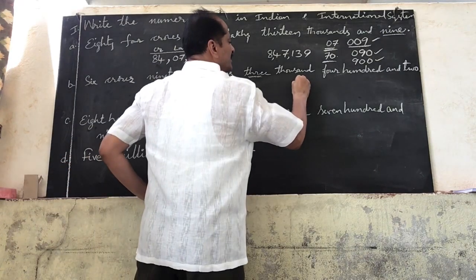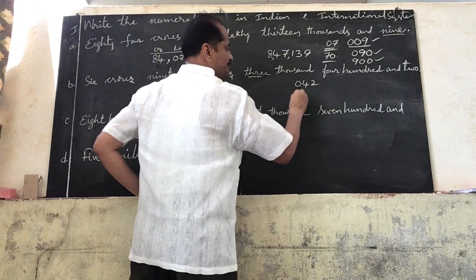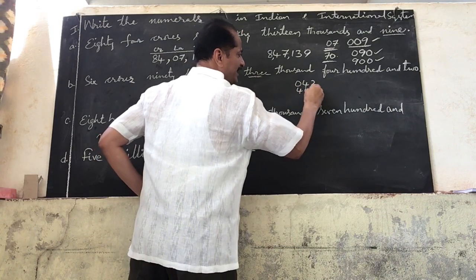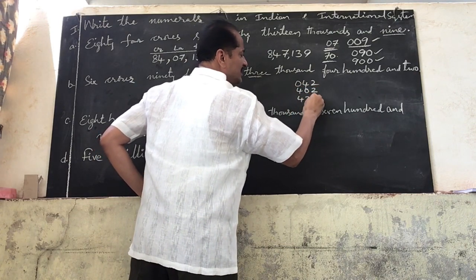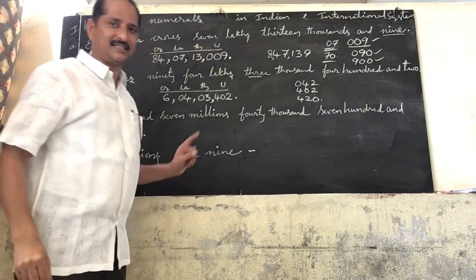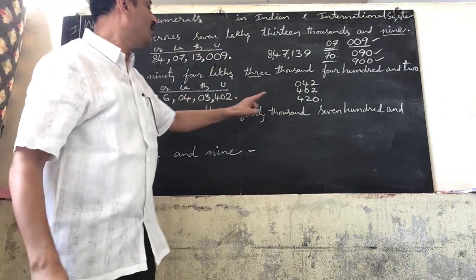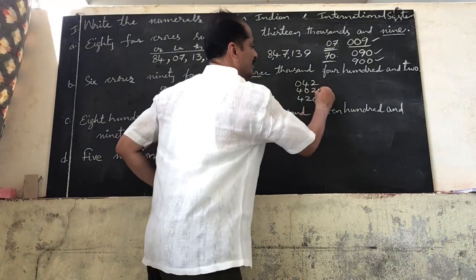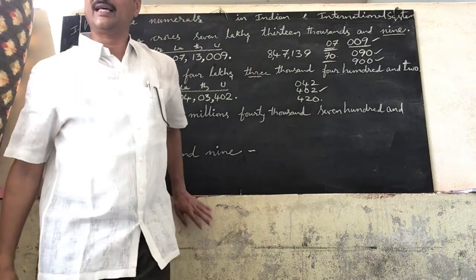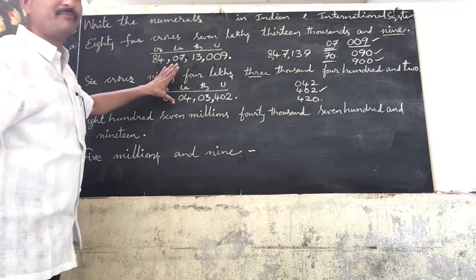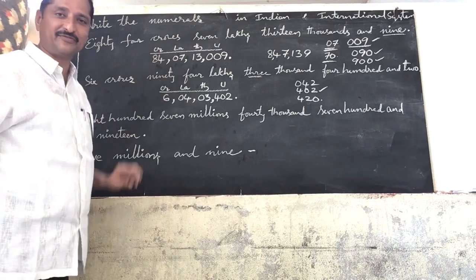If you write 042, this is 42. And 420 is 420. Understand? So which one is the correct one? 402 means you have to write down this 402 like this. So this is writing numerals in the Indian system of numeration.